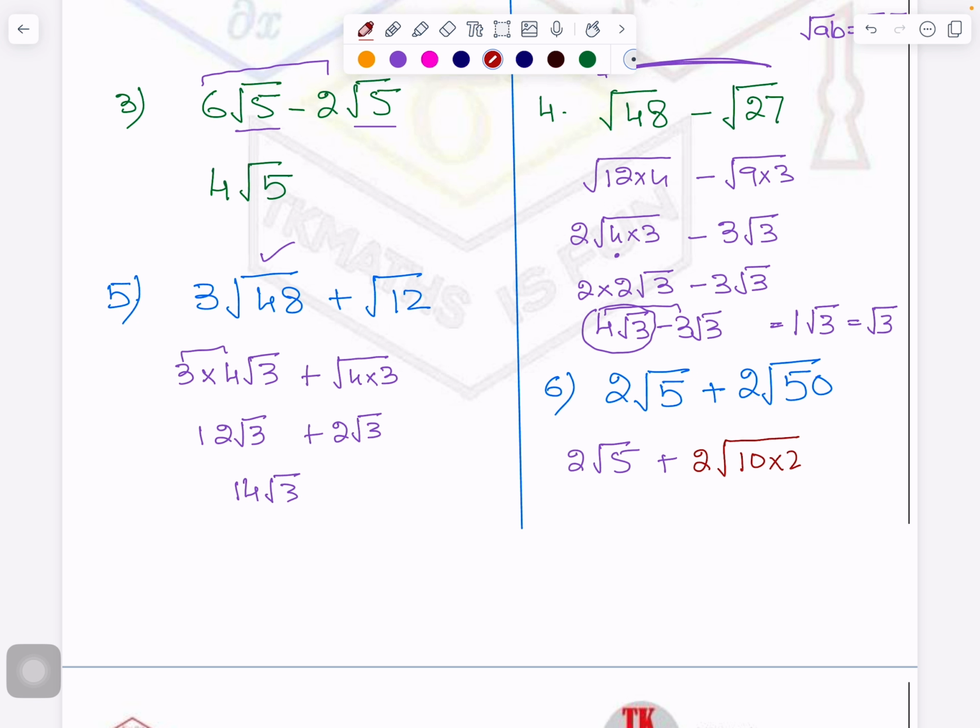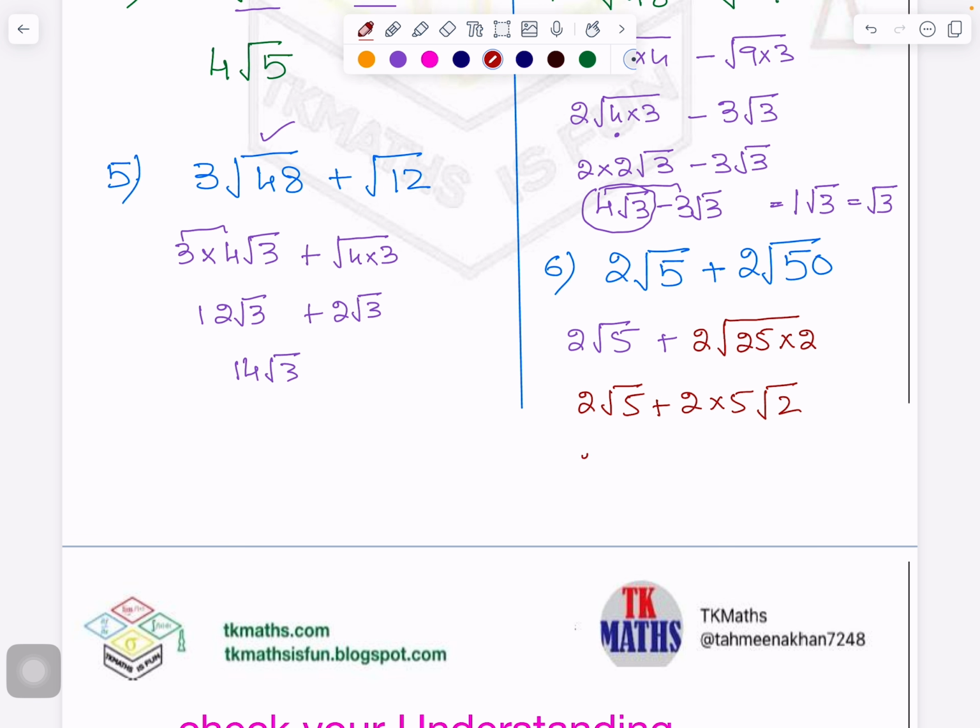So 25 times 2 will be a better idea, because 25 is a perfect square number. So it is root 25 times root 2, and I know root 25 can be written as 5. We have seen the multiplication examples, many examples in the previous video 1. So that's why I'm applying it very directly here, quickly.